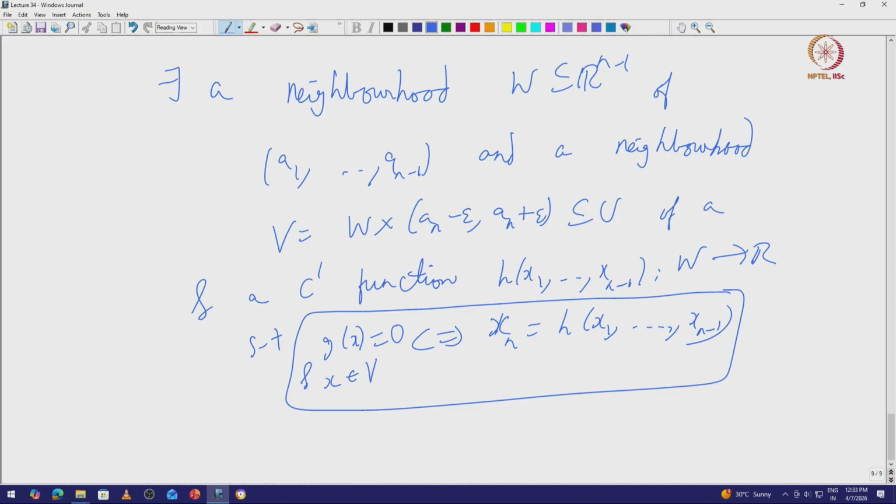That means for all points near this point a, we have solved the constraint to get the last variable as a C1 function of the other ones.